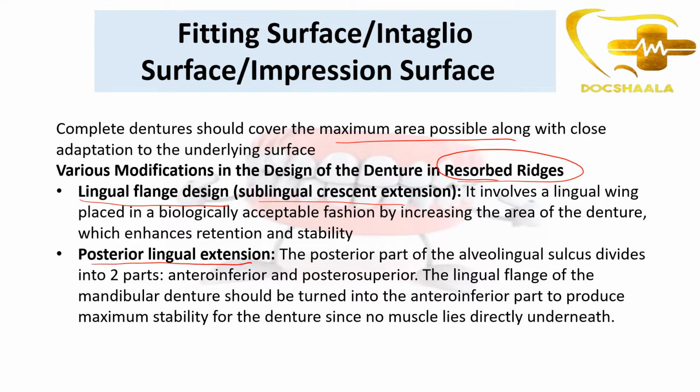In the mandibular denture, the posterior part of the alveolingual sulcus divides into two parts, the antero-inferior part and the posterior-superior part. The lingual flange should be turned into the antero-inferior part to produce maximum stability of the denture, since no muscle lies directly underneath it.